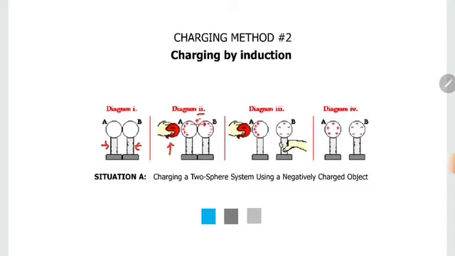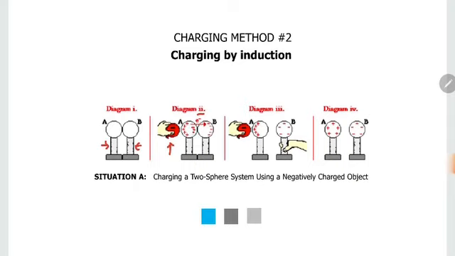naglapit ka ng isang charged object, which is negative balloon, halimbawa. So, from the previous lecture, alam natin kung paano mag-react yung electrons from this negative object. So, lalayo sila from the negative object, di ba? So, yung mga electrons dito sa A, lalayo sila from the balloon.